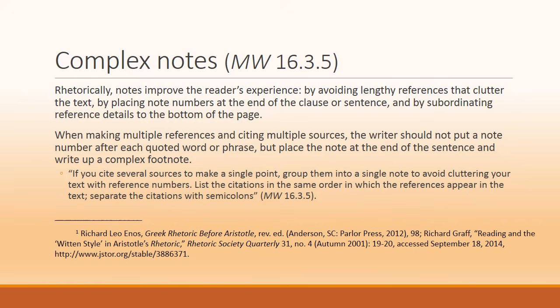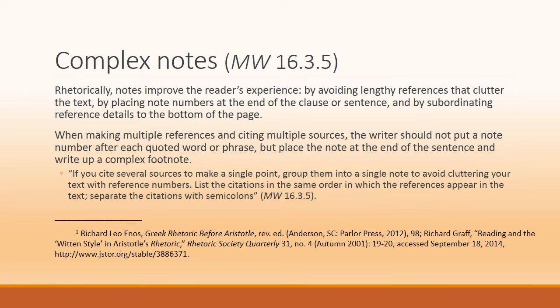Manual for Writers puts it this way: if you cite several sources to make a single point, group them into a single note to avoid cluttering your text with reference numbers. List the citations in the same order in which the references appear in the text and separate the citations with semicolons. So at the bottom of the page is an example of that.